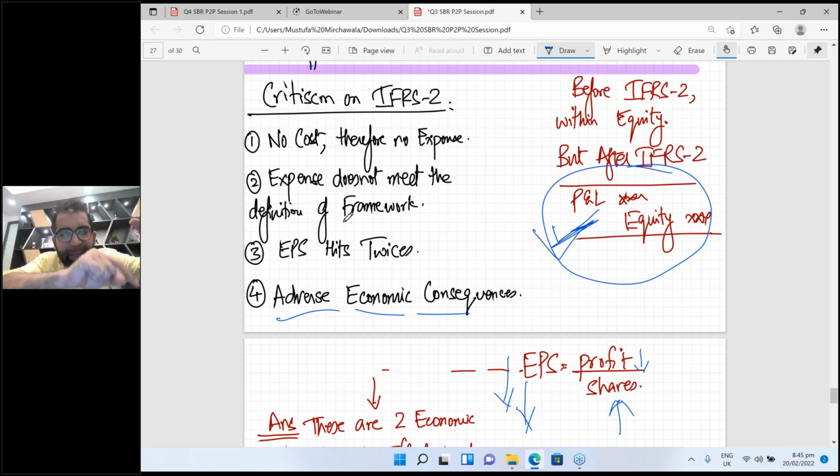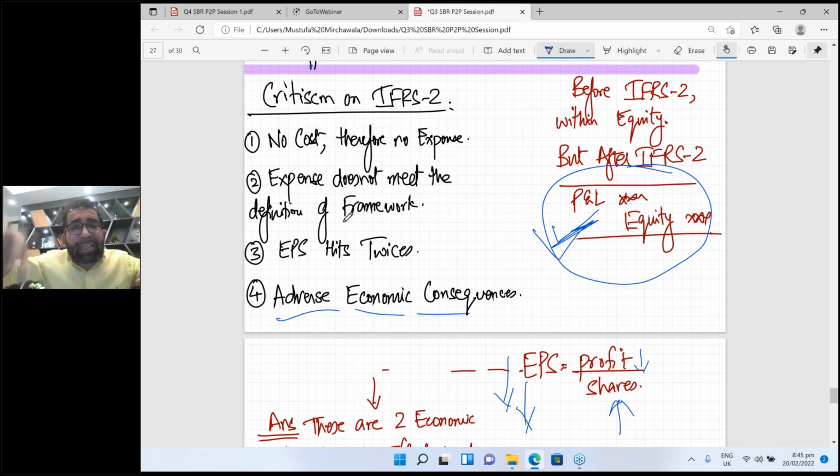One company was giving cash salary to employees and they were booking expense, and one company was giving salary in the form of shares to employees, and they were not booking expense. So just think, these two companies are not comparable at all.